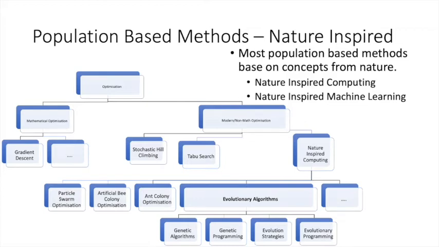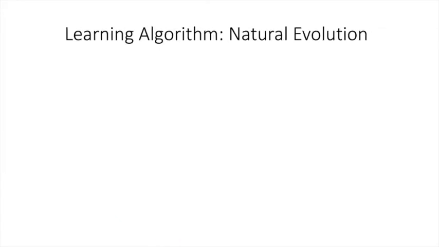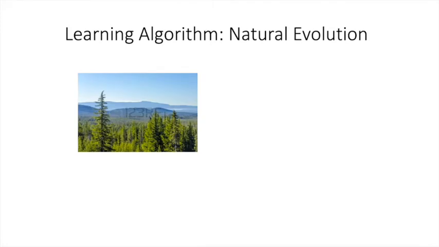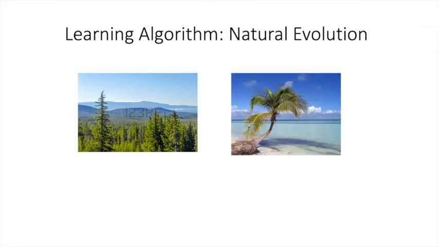So let us now consider the inspiration behind genetic algorithms, or as they're commonly called, GAs. Evolutionary biologists have always wondered why natural organisms look different depending upon their environment. For example, trees in the hills are tall and quite different from those on the beaches.